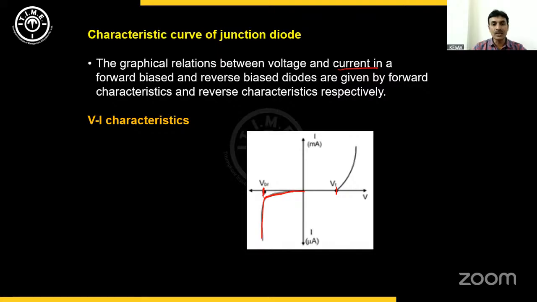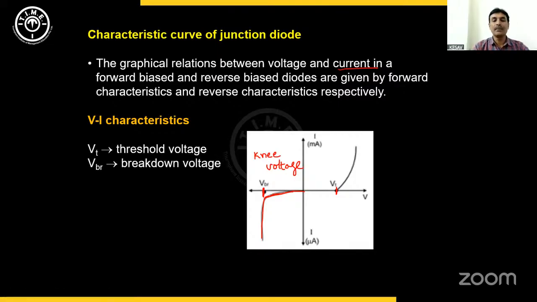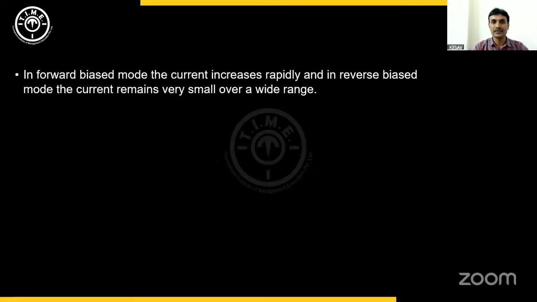This particular voltage where current increases abruptly is called the breakdown voltage, also known as knee voltage, as it is in the shape of a knee. Here Vt is the threshold voltage and Vbr is the breakdown voltage. These are the forward and reverse bias characteristics, VI characteristics of a junction diode.